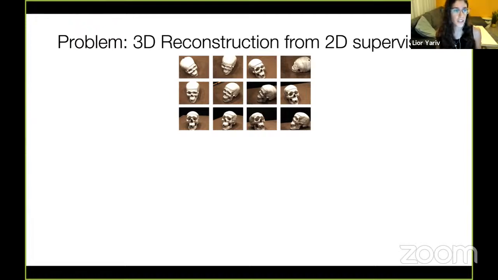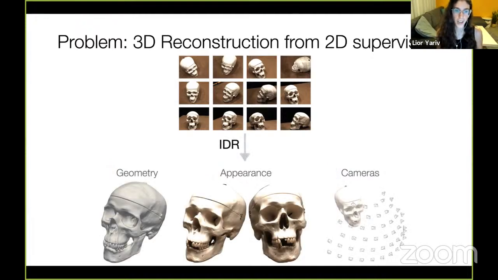That is the 3D geometry of the object, which we would like to represent as a surface. Its appearance, which consists of the surface properties and lighting in the scene, and the camera location and orientation which capture those images. For that, we present the implicit differentiable renderer, a neural network architecture that simultaneously learns those three unknowns.